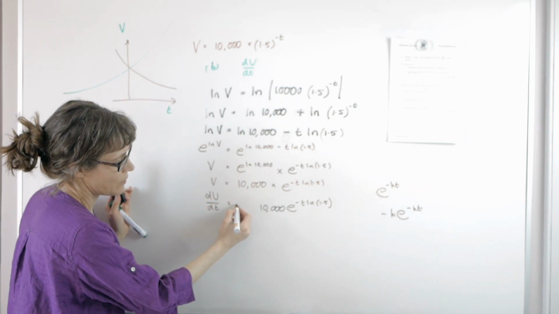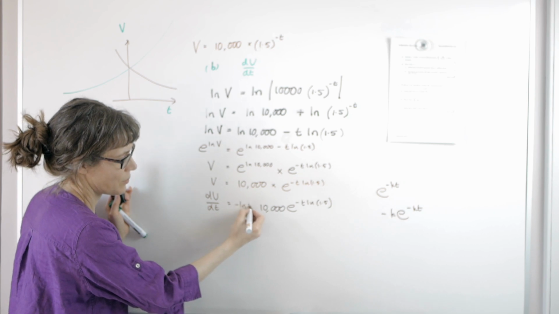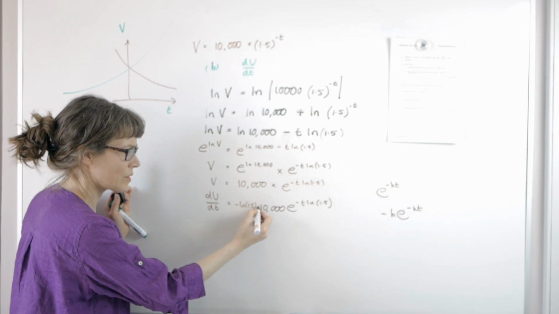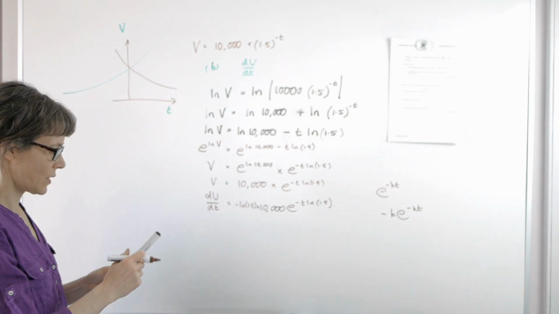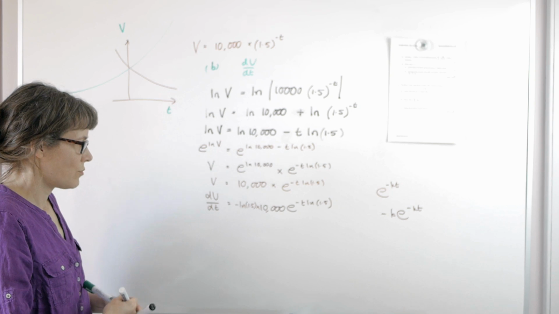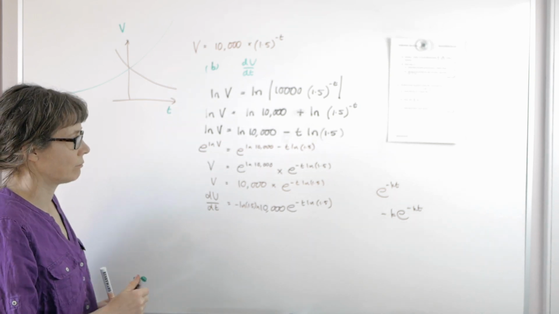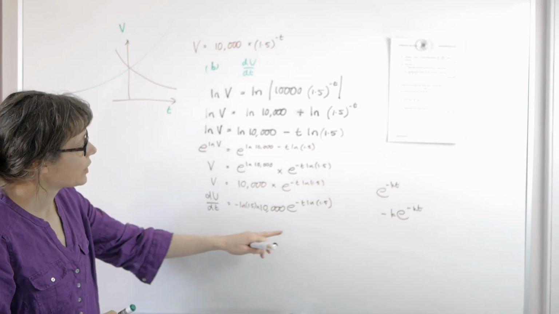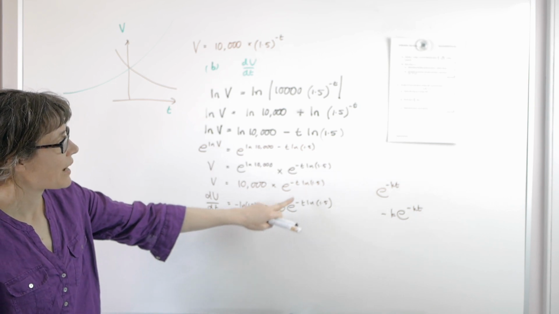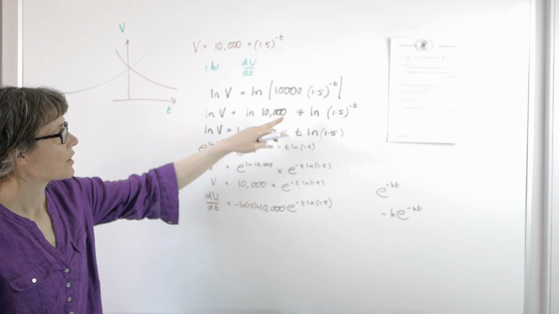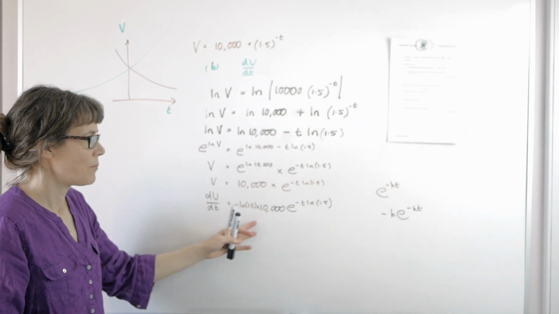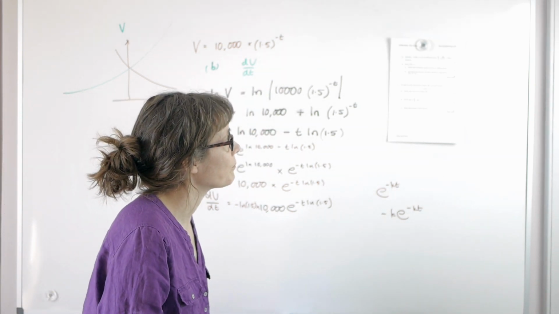So we've got minus ln 1.5 times the whole thing. Okay, so this enables us to work out what we've got. We could substitute this back in, this e to the minus t. We could take this bit out and move it back to the original, but it's quite useful in that form.